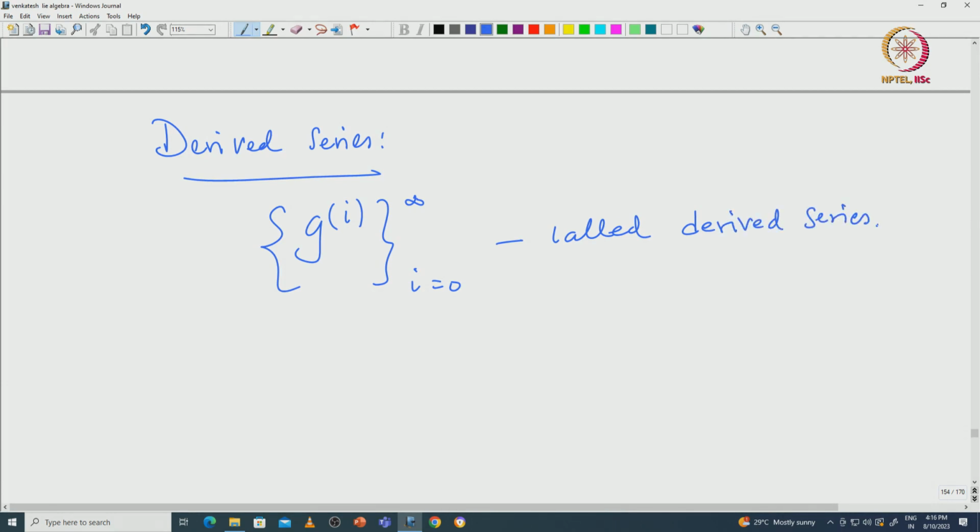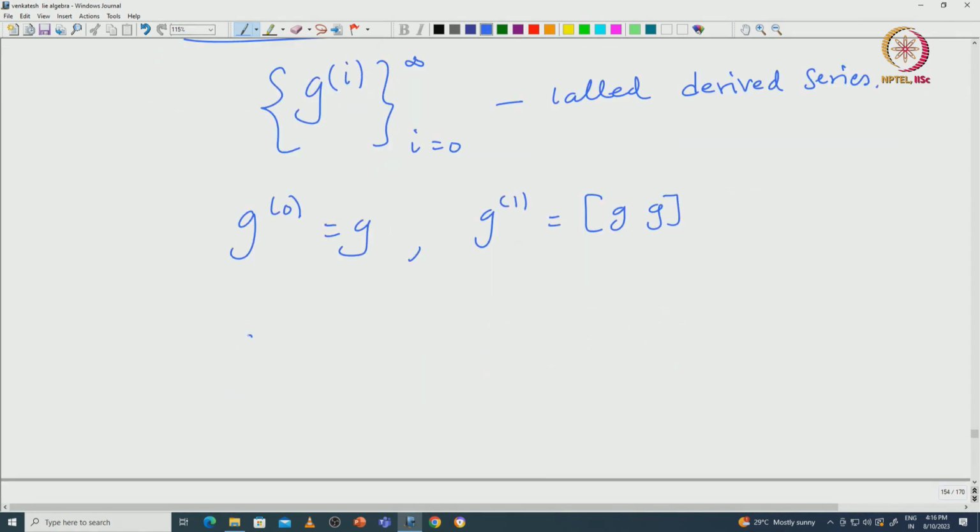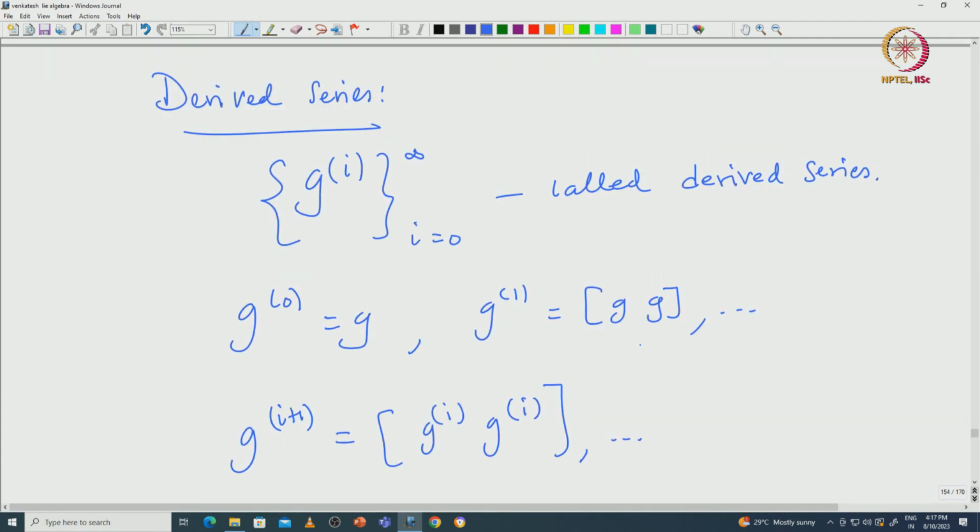So, how is it defined? It is defined inductively. You start with g and then you take g 1 to be the derived algebra. Suppose g power I is defined, then g power I plus 1 is defined to be the derived algebra of g power I. Okay. So, that is how one defines what is called derived series of g, where g is a given Lie algebra.